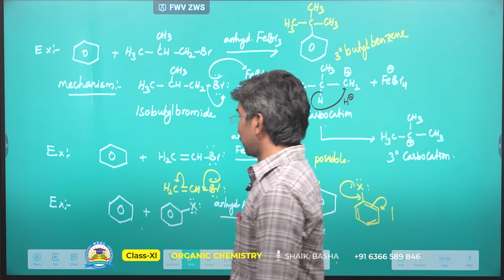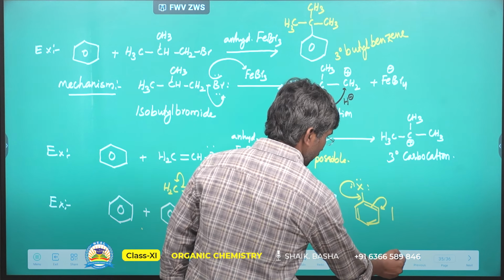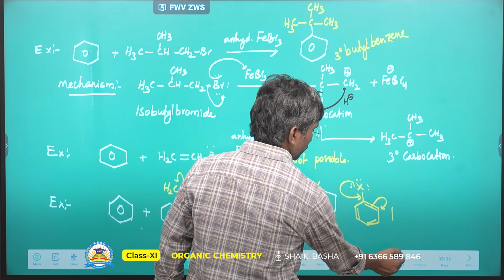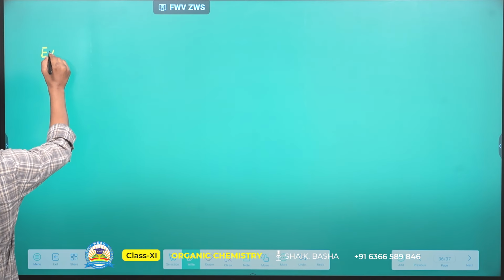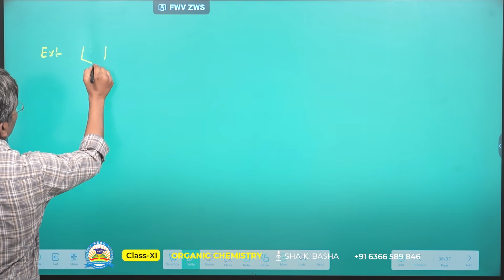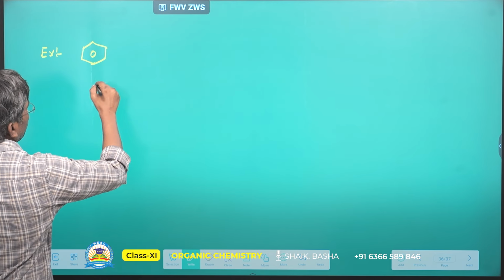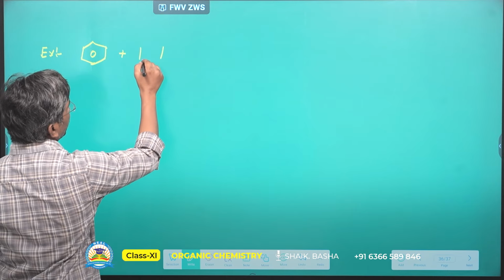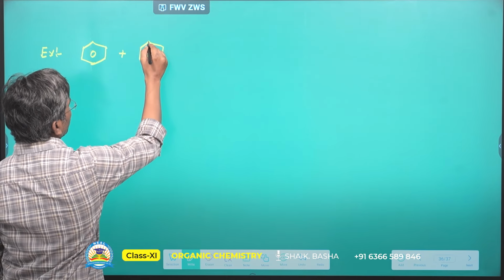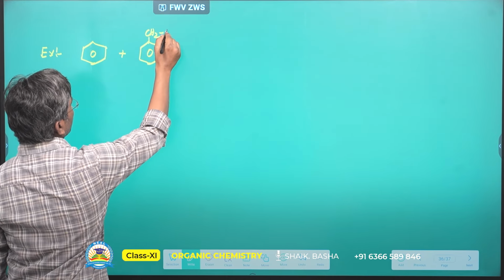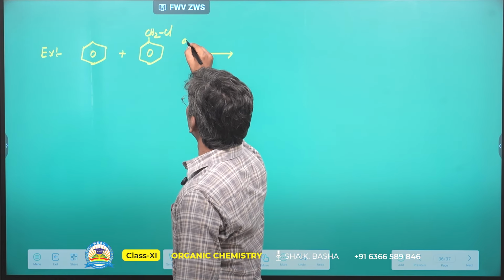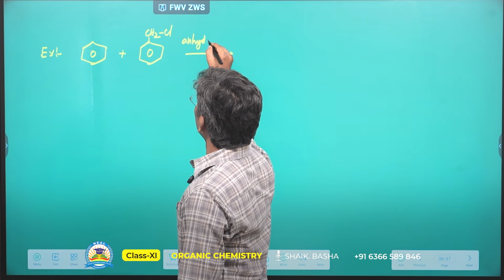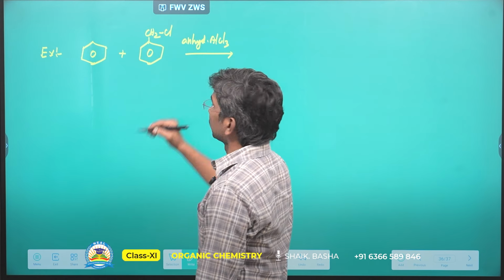Okay. Then one more last example with benzene ring. I'll give you one more example. Benzene on treating with benzyl chloride in presence of anhydrous AlCl3.